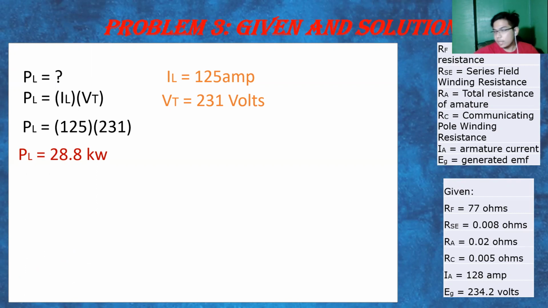So, pag in-enter natin siya sa calcu natin, hindi naman 28.8 ang lalabas. 125 times 231, ang lalabas is 28,875 watts. Watts yun. So, convert lang natin siya sa kilowatts para mapaikli natin yung ating sagot, which is i-divide natin siya sa 1,000. Yan, magiging 28.8 kilowatts.